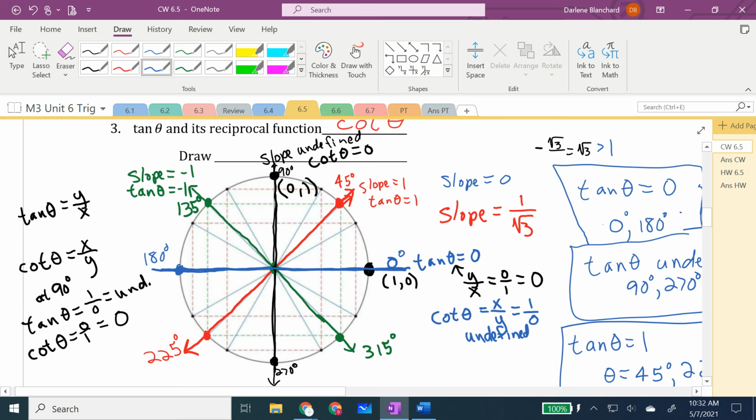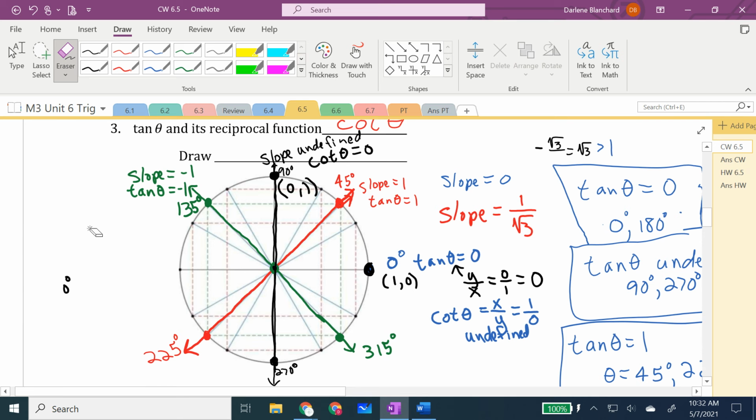Where you have a 0 slope, cotangent is undefined. Where you have an undefined slope, cotangent is 0. So let that process, and then I'm going to erase those lines and get them out of the way.